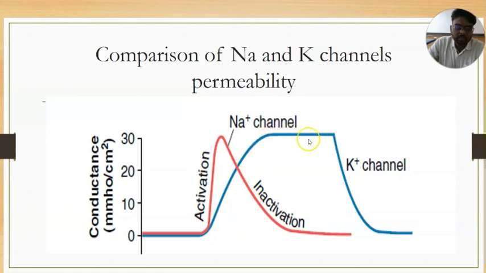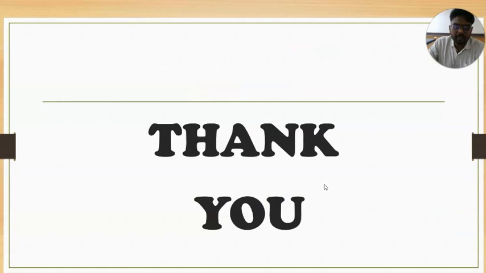Sodium conductance increases in an explosive manner: it increases rapidly and decreases rapidly. But potassium conductance increases slowly, maintains a plateau, and then comes down slowly. So that is the comparison of conductance of sodium and potassium across their respective channels.